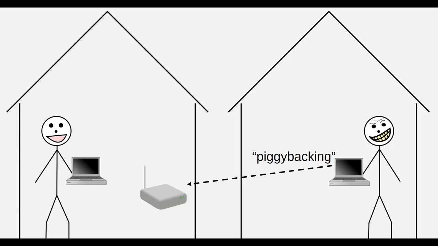In many cases, piggybacking is more of a nuisance than a threat. That's because having extra users connected to your router can slow down your internet connection. But there can be other costs associated with piggybacking as well: financial costs, security costs, and legal costs. You could incur financial costs from piggybacking if your internet plan includes a monthly limit on the amount of data that you can download or upload.